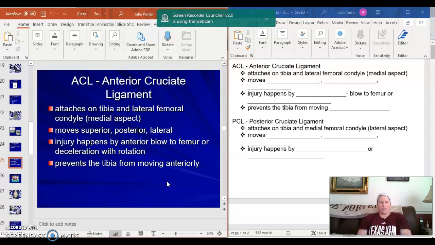Injuries happen to the ACL when you take an anterior blow to the femur, or a blow from the front hitting the femur, or with deceleration and rotation. The most common way an ACL is injured is by decelerating and rotating, which is a non-contact injury. Some of the most severe ACL injuries I've seen as an athletic trainer have been in that fashion.